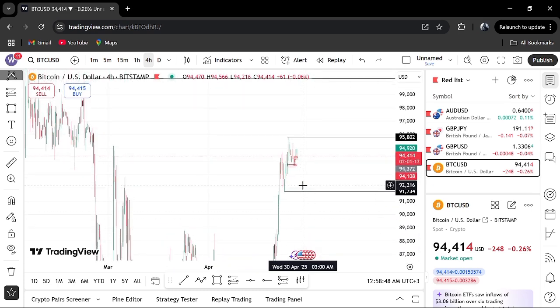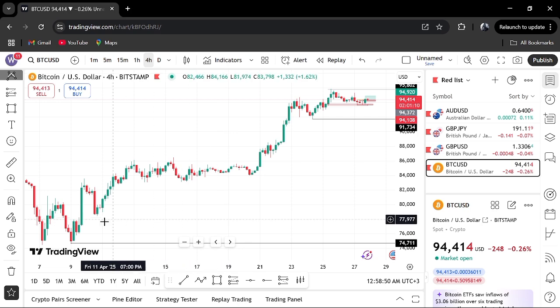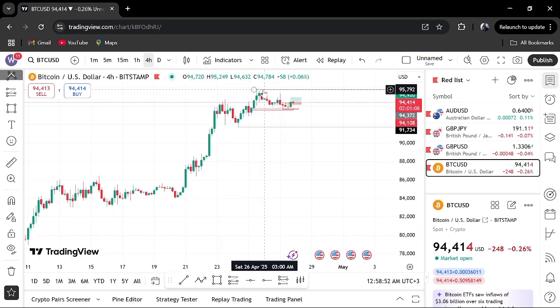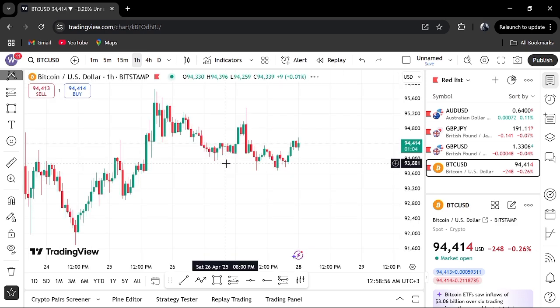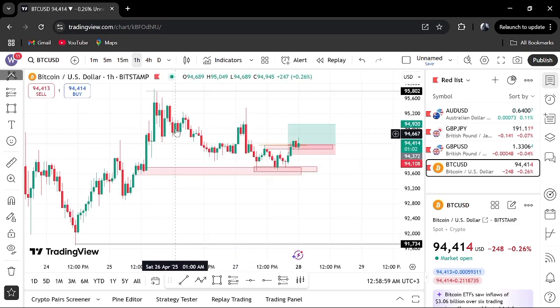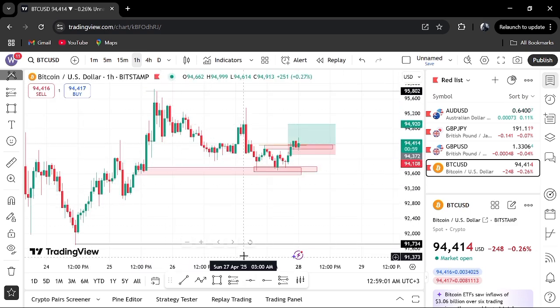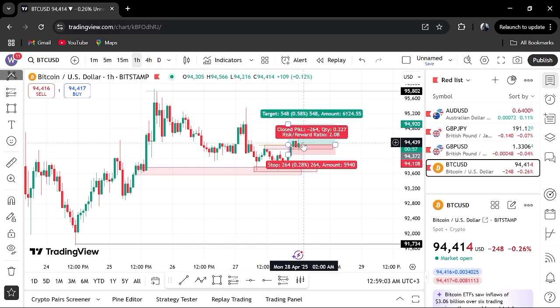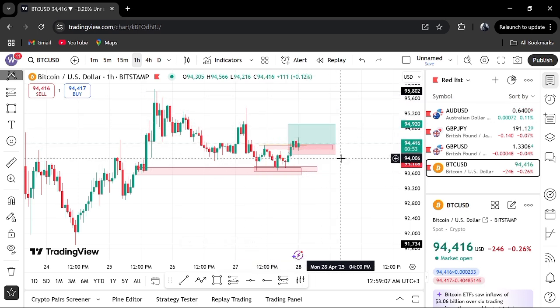You can see, if I reset it, this is the low and this is the high, it has gone. Now when you go to the 1 hour time frame, you can also see this is the high, it has come, and this is the low. So I'm expecting price to come here or break just to retest this level before coming down or going up.